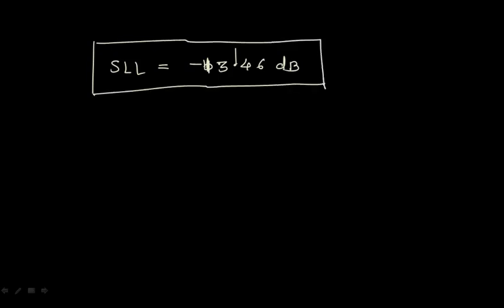So here you're getting SLL minus 13.46 dB if you calculate in terms of the array factor. अगर आपका initially at 0 है तो ये आपका 13.46 dB से down हो जाएगा. So this is all about the side lobe levels. I think we should stop here.